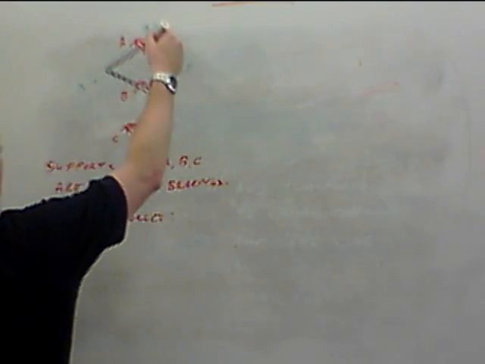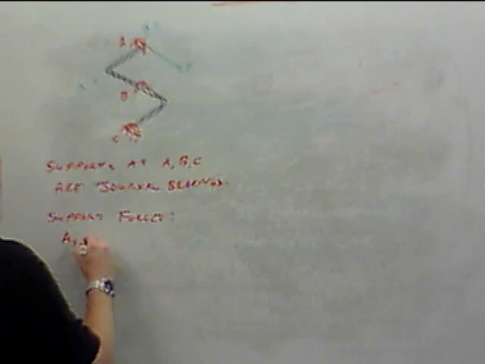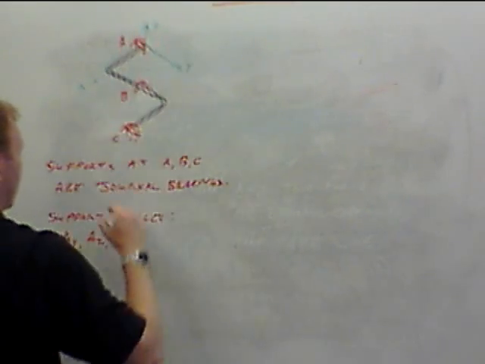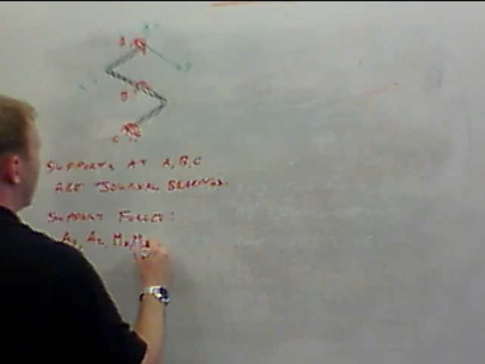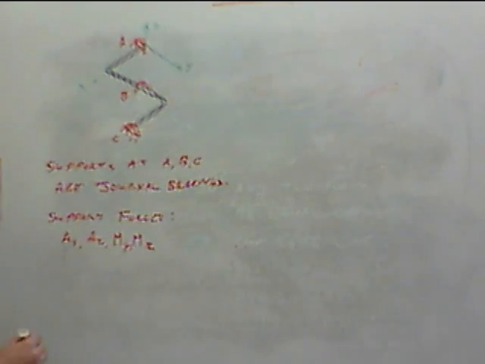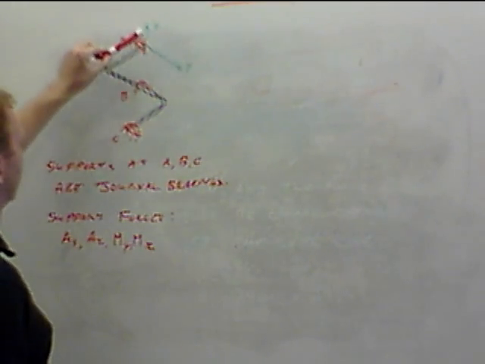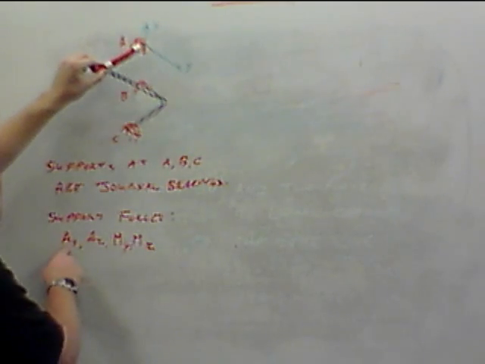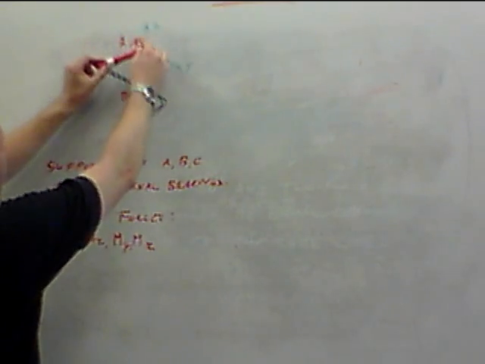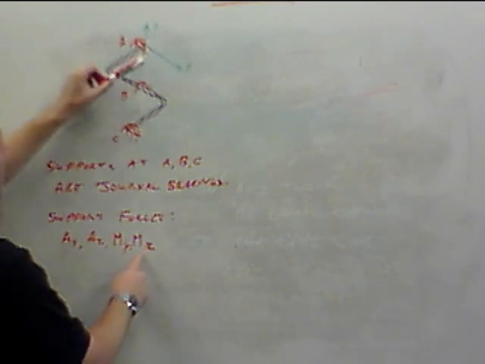At A, it's going to allow it to move in X and rotate around X, but we have AY, AZ, and we're going to have moment around Y and moment around Z. So at A, this thing is prevented from moving in the Y, prevented from moving in the Z. It's allowed to move in the X. In terms of rotation, it's not allowed to rotate around Y or Z. It is allowed to rotate around X. So we have support in Y, support in Z, but not in X.